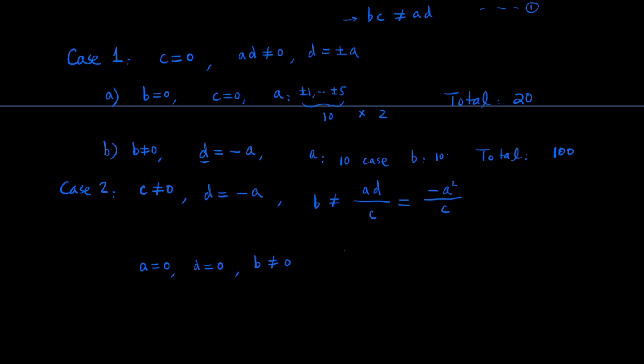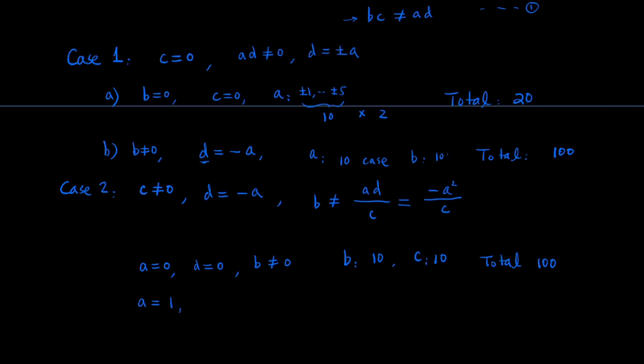So for B, you have 10 cases. And in this case, C cannot be 0, it could be 10 cases. So I have total 100 cases.